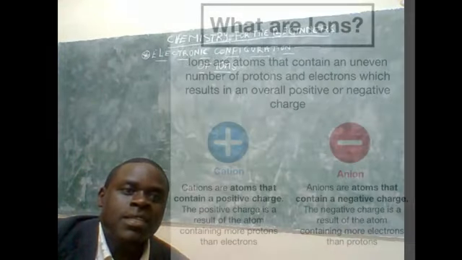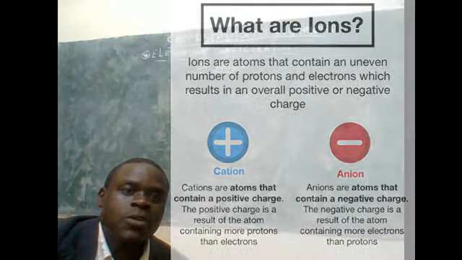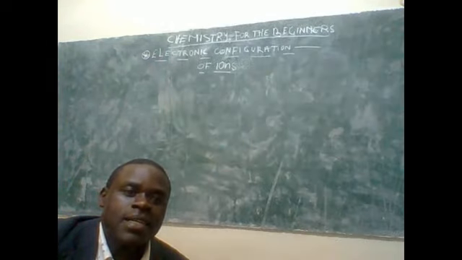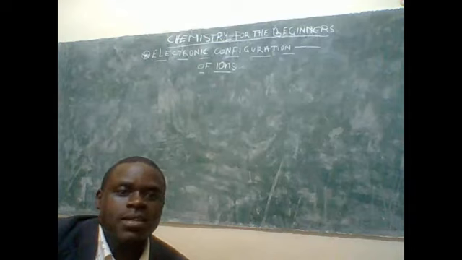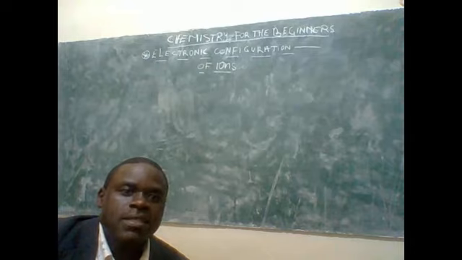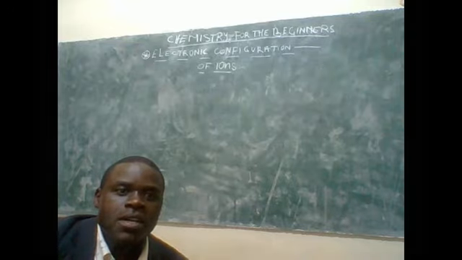It is a disturbed atom, or an atom in a disturbance, that's what I can say. And so we are going to see the difference between ions and the stable atoms, or neutral atoms.